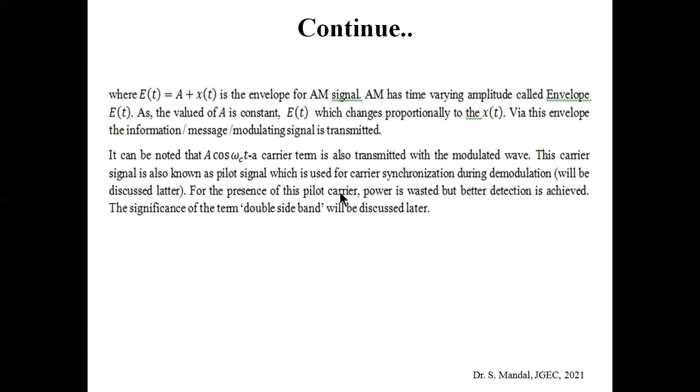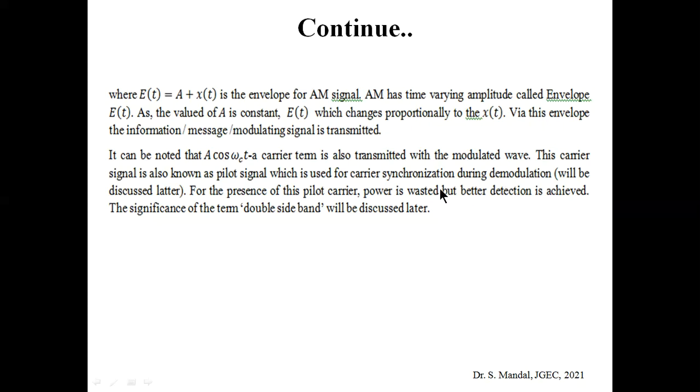For the presence of this pilot carrier, obviously power is wasted, but what we gain is convenience and better detection capability in the receiver section. The details of the pilot carrier and carrier synchronization at demodulation will be discussed later.